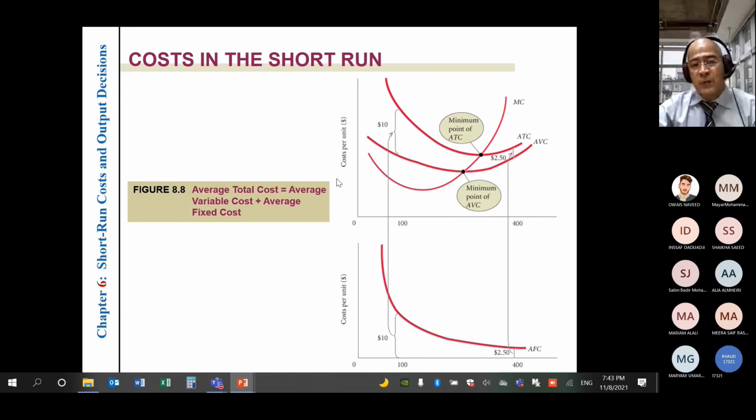Let me repeat the question. Look at the vertical distance between two curves. If I produce 100, the vertical distance equals 10 dirhams. If I produce 400, the vertical distance equals 2.5. So the vertical distance decreases as output increases. Why?